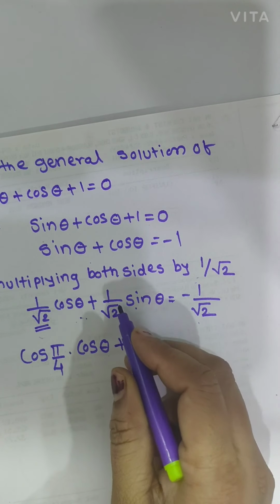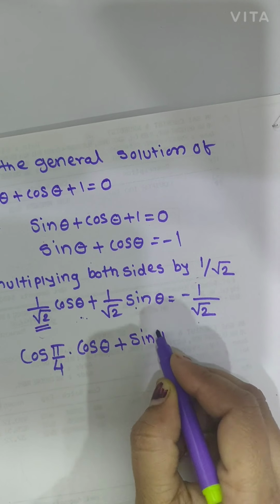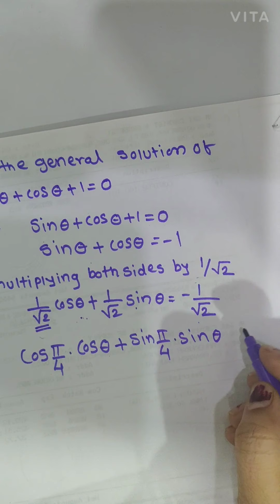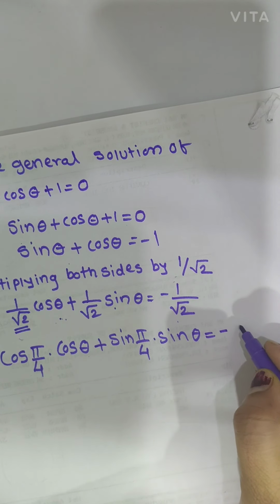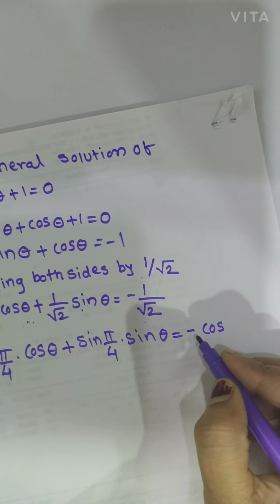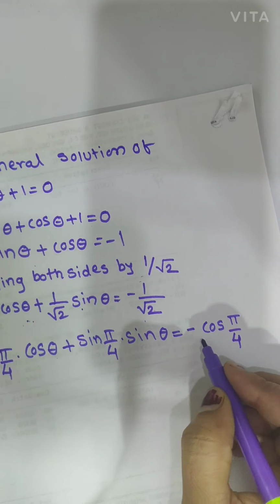So I want to convert this into the form of sin. So it becomes sin pi by 4 into sin theta, which is equal to, again we can take the right hand side with cos pi by 4, it will become minus.